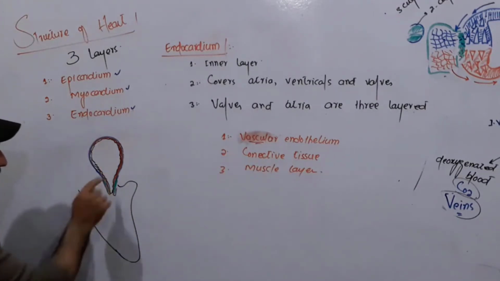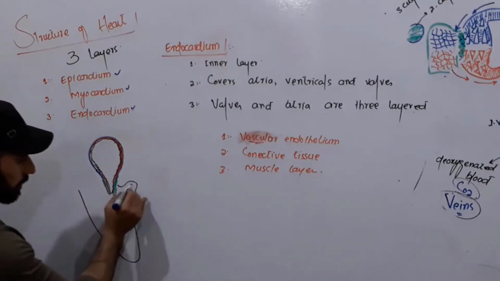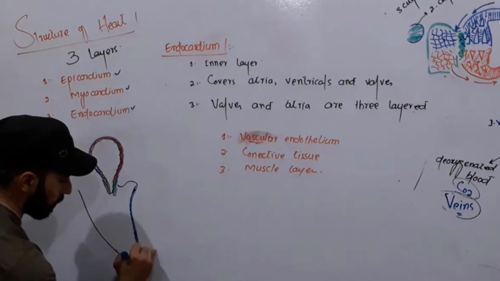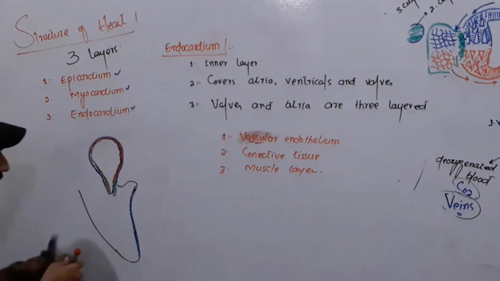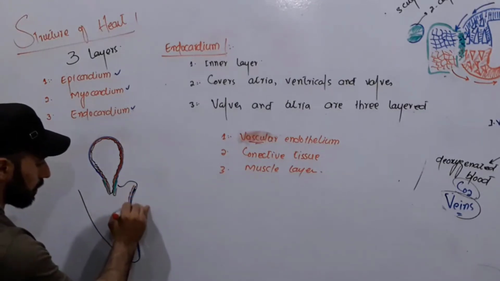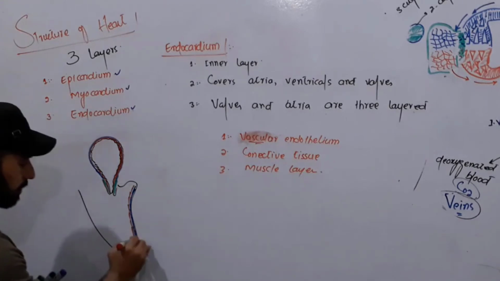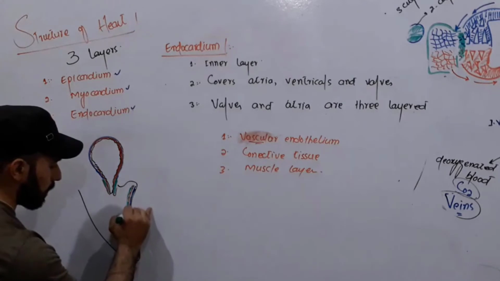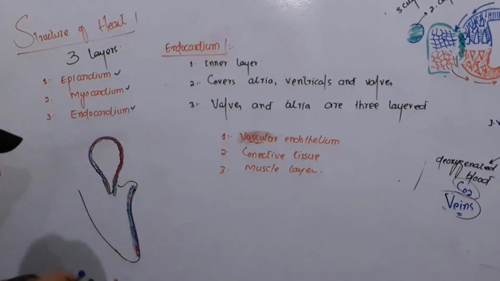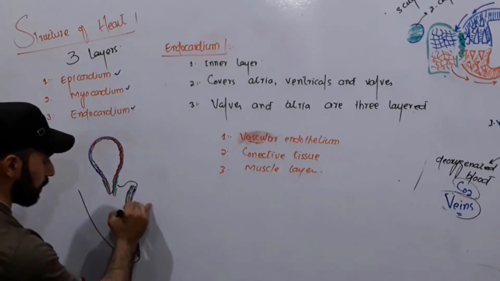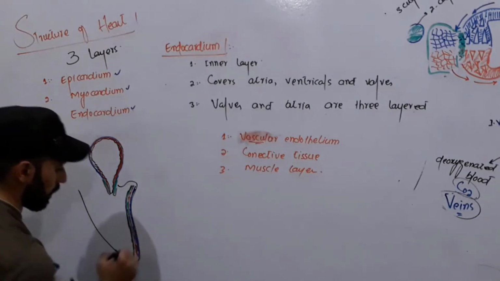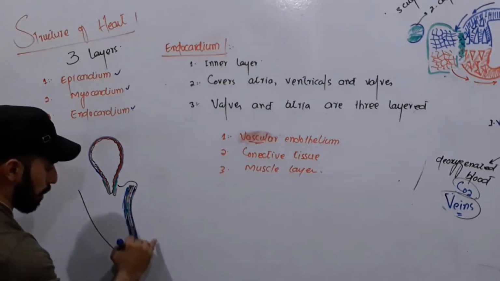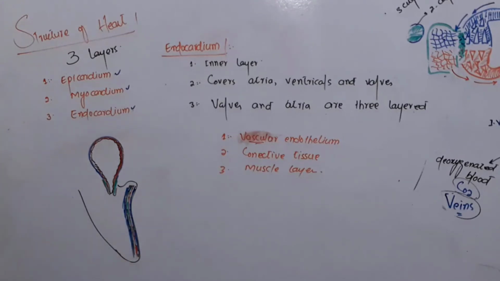Now we come towards ventricles. In the ventricles, the endocardium is five-layered. This is the outer of these five, right? Then there is another layer, then the third layer, and then the fourth and fifth layers in the ventricles, right?